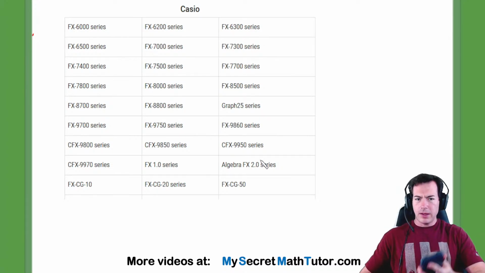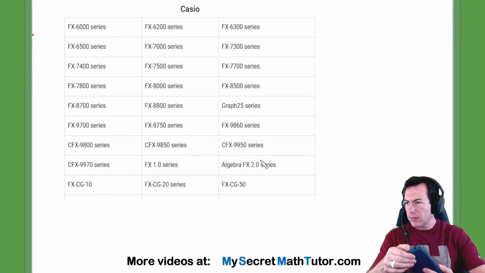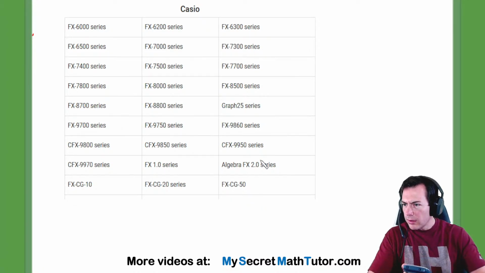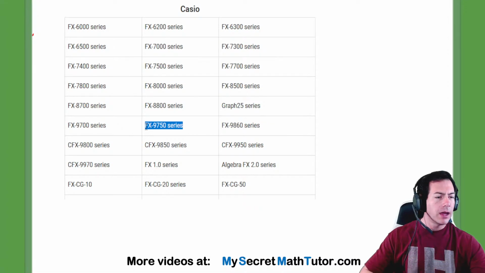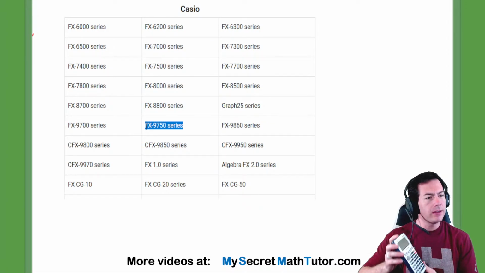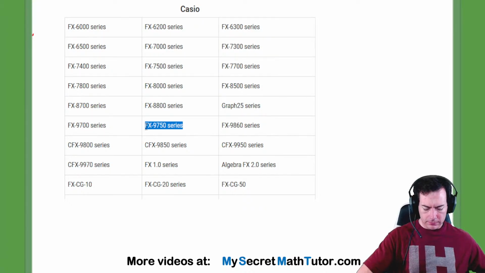So here I have a graphing calculator. This is the Casio FX9750G2. It's probably on this list somewhere, right? Yep. That one is an excellent calculator to choose from. It is a graphing calculator, and it is half the cost of the TIs. So, you know, that's a nice one.